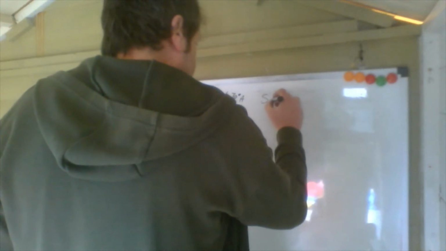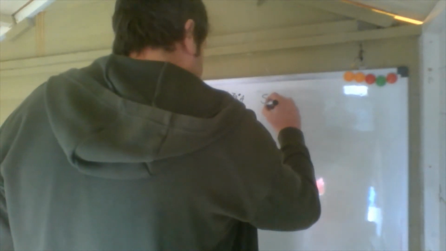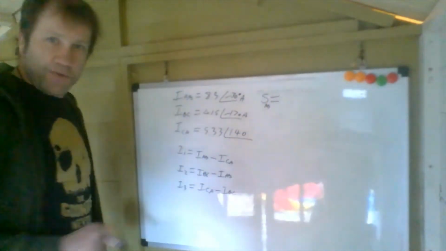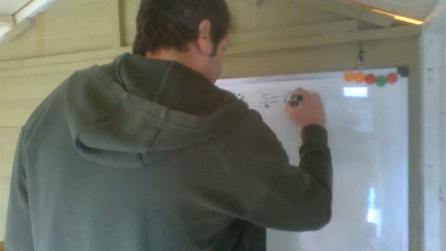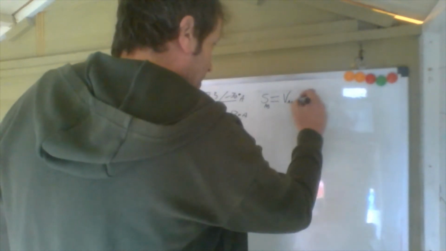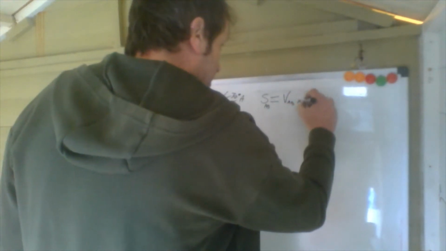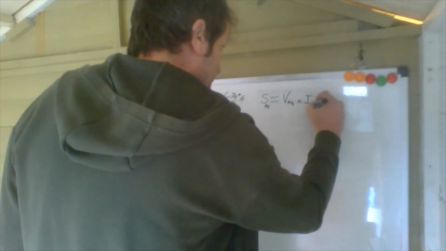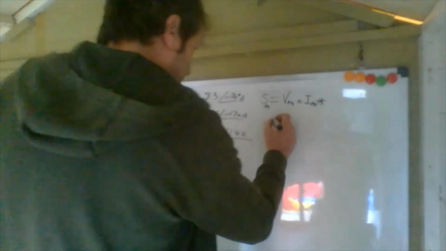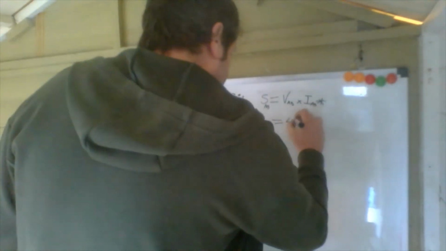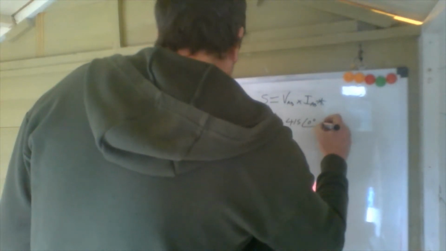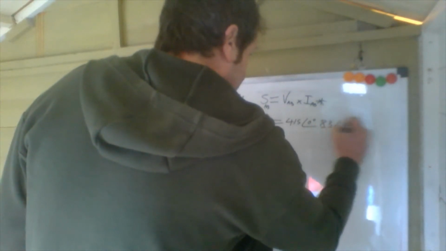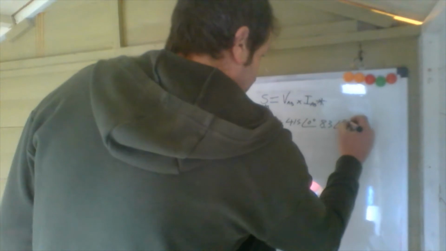If we want to find the apparent power for AB, it's going to be voltage AB times the current AB conjugate. So that's going to be 415 at 0 degrees times 8.3 at 30 degrees.